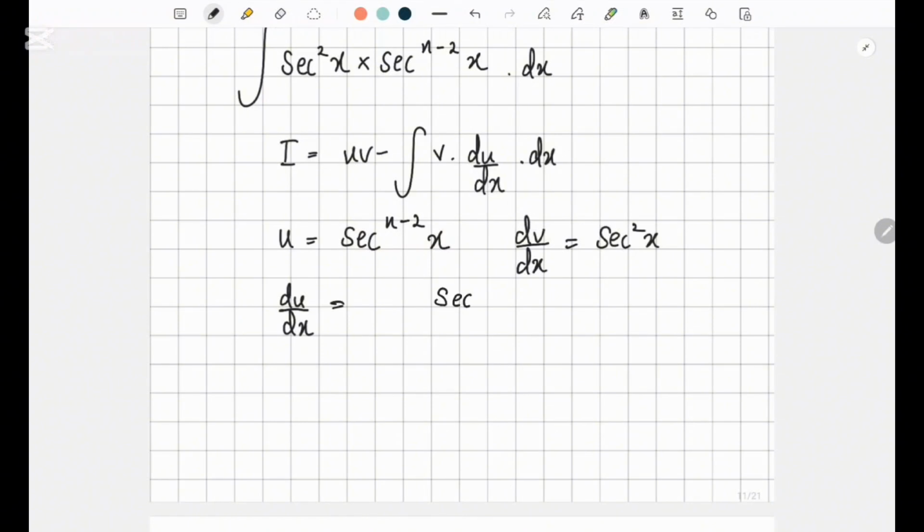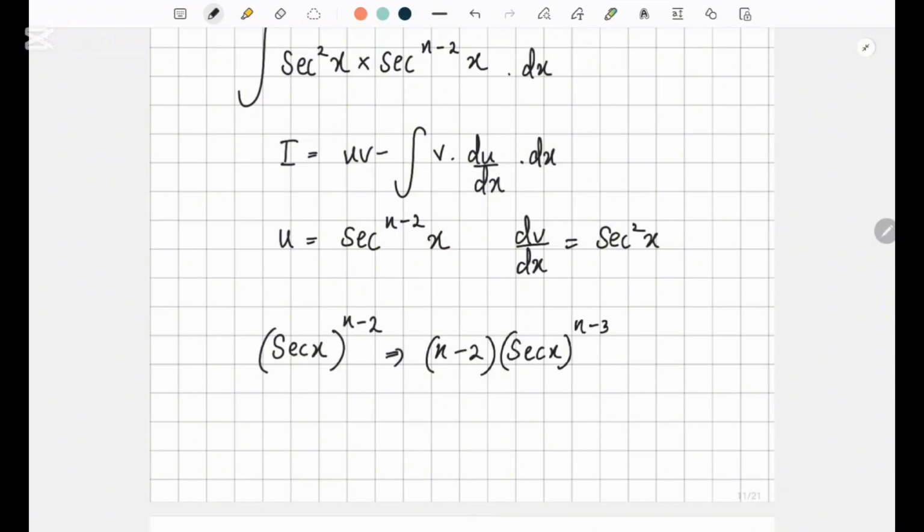So let me write it like this: sec x to the power n minus 2. When you differentiate this, the power comes down, n minus 2, into sec x to the power n minus 3, because the power comes down and you have to subtract the power by 1, right?